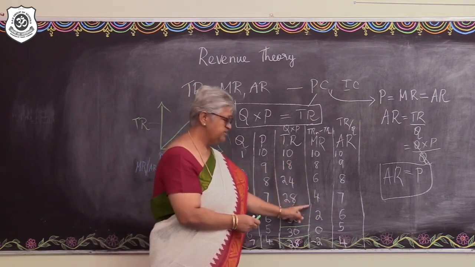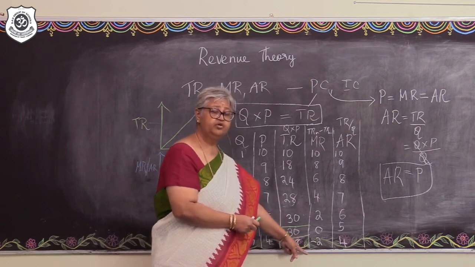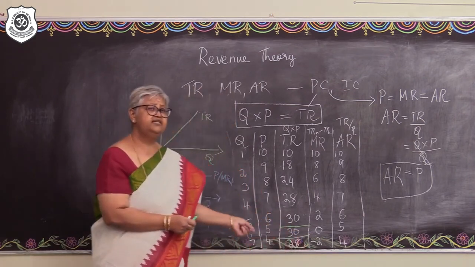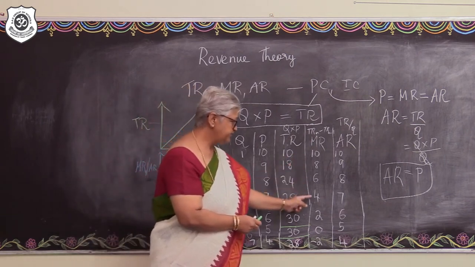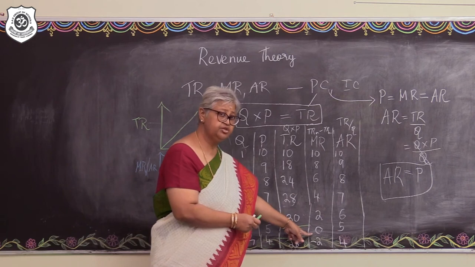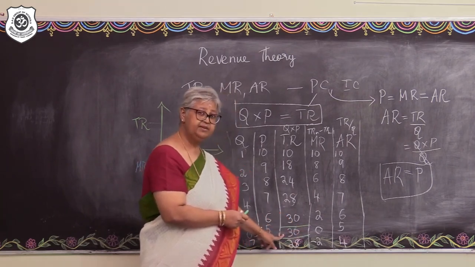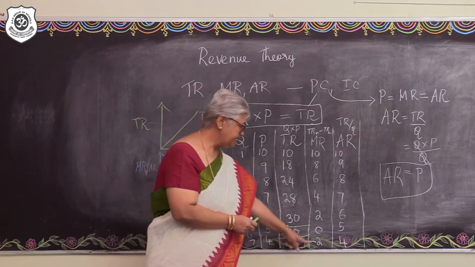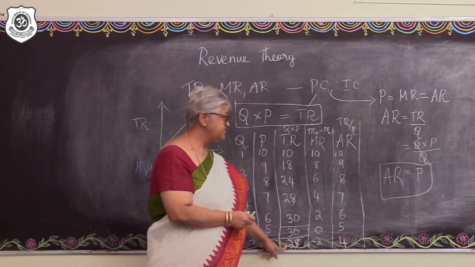Marginal revenue is continuously falling and then becomes 0 and then becomes negative. After all, what is MR? MR is the rate of change of the TR. So we see that MR is continuously falling. It becomes 0. And when MR becomes 0, the total revenue is maximum.